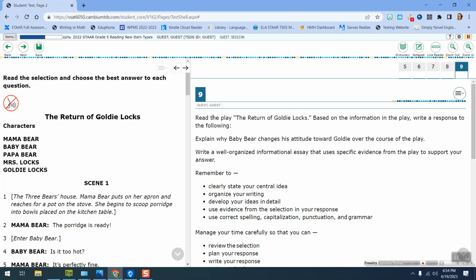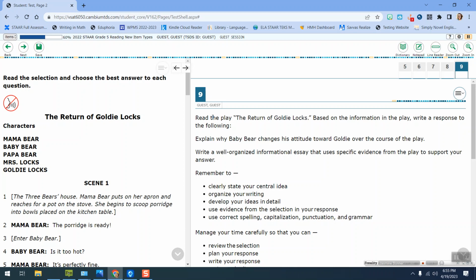It says read the play, write a response, explain why, write a well-organized... Okay, so let's just read through it, and then I'm going to highlight the part that is the actual question we need to be answering. Read the play, The Return of Goldilocks. Based on the information in the play, write a response to the following. Explain why Baby Bear changes his attitude toward Goldie over the course of the play.